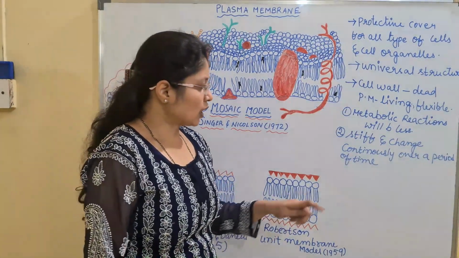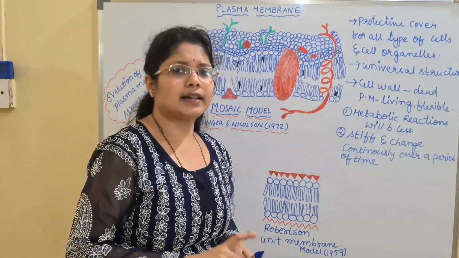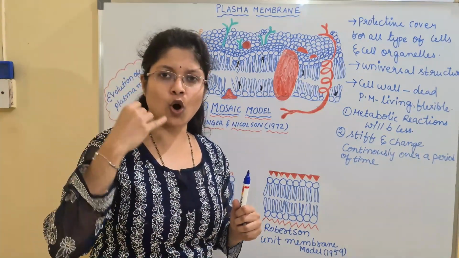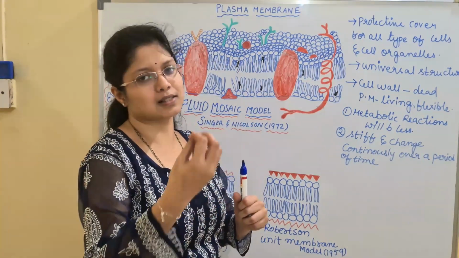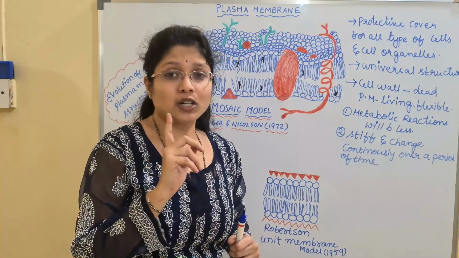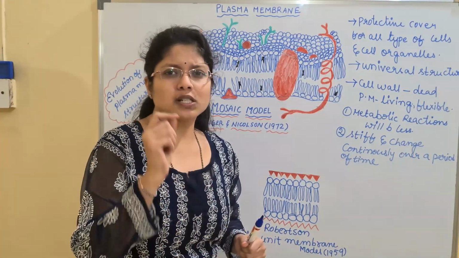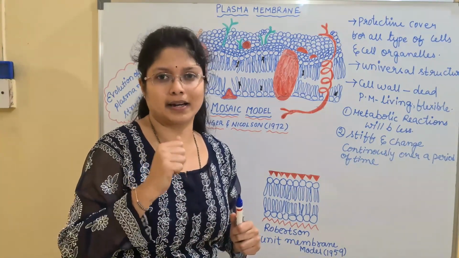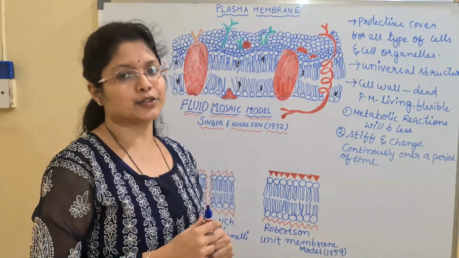And what is the third important thing? The cell wall is permeable in nature. It will allow almost all types of molecules inside the cell. But what about the plasma membrane? The most important feature of the plasma membrane is that it acts like a barrier. Why are we calling it a barrier, children?